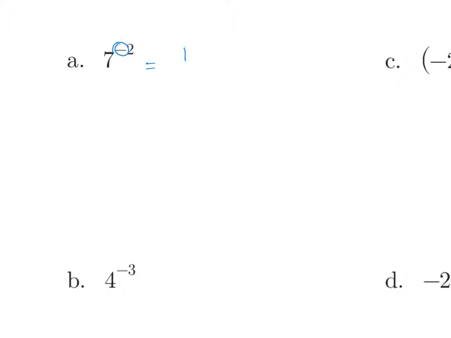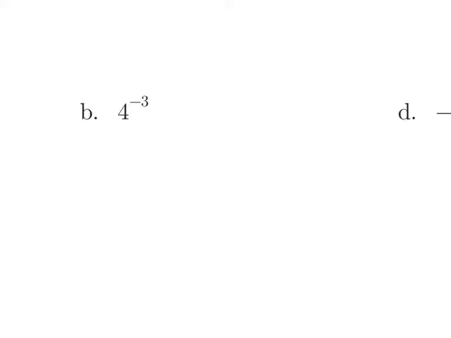So I get 1 over 7 squared. I just want to move it to the denominator and make my exponent positive. From there we can evaluate the exponent, and we get 1 over 49. And we're done.